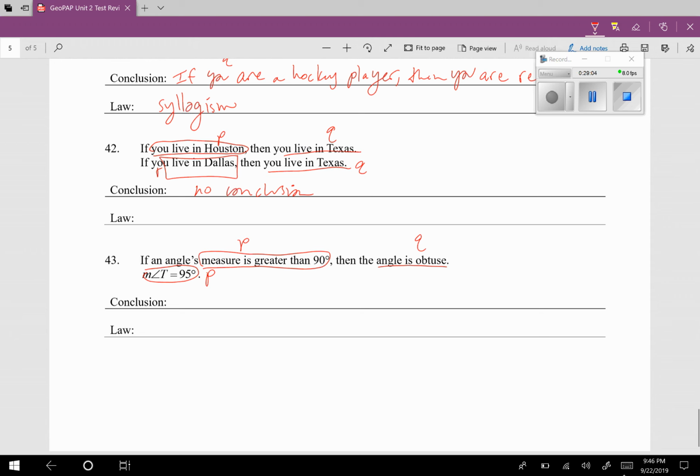So we can conclude the measure of angle T is obtuse. And that would be the law of detachment.